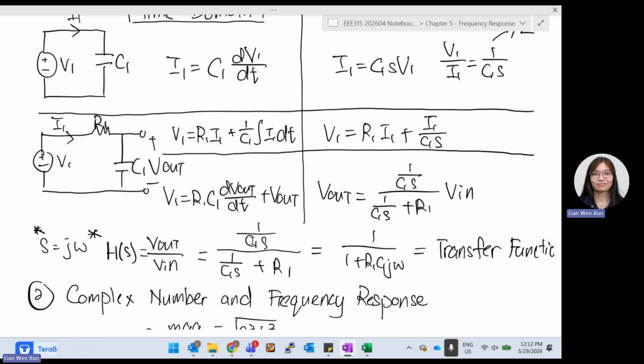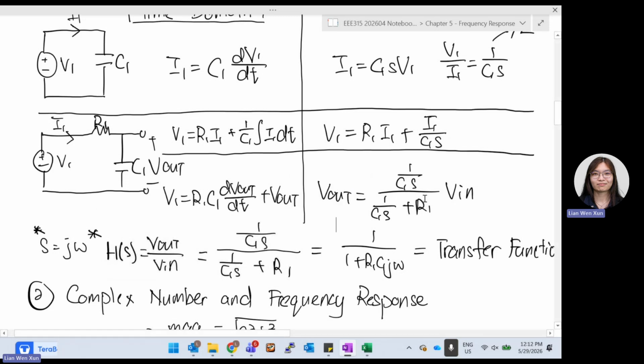So what exactly is a transfer function? Transfer function is what we exactly need to find in this chapter. Transfer function is output over input, but relative to frequency domain. That's why we don't call it gain anymore. We call it H(S). H(S) is your transfer function. It is V out over V in, but in frequency domain.